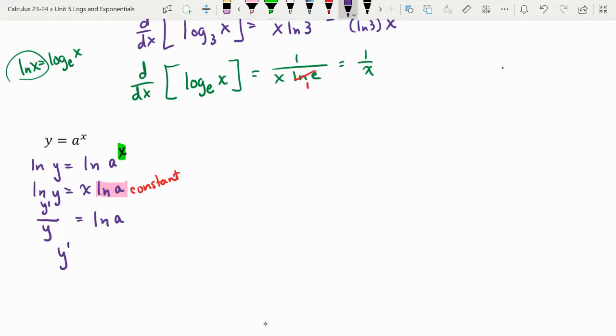Solving for y prime gets me y times the natural log of a, but y was just a to the x. So y prime equals a to the x times the natural log of a, or, if you would like the constant out front, natural log of a times a to the x.